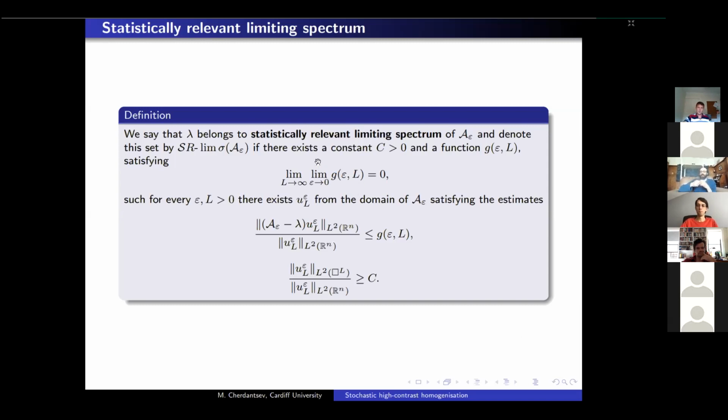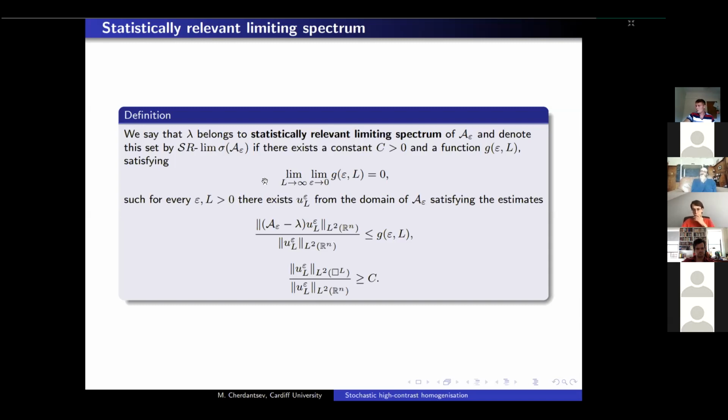So this is why we say that the spectrum that corresponds to such bad non-typical distribution of inclusions is statistically not relevant or physically not relevant, and we call the rest of this spectrum statistically relevant.